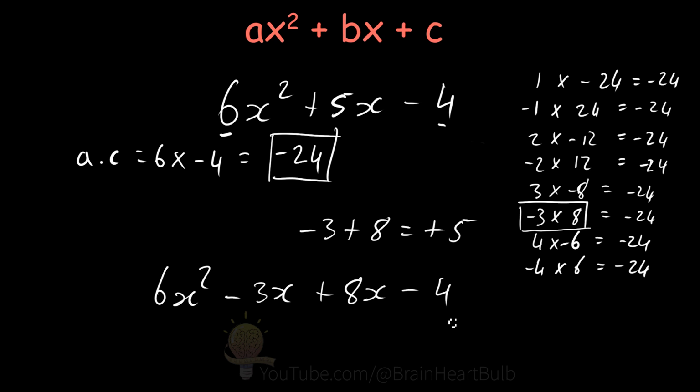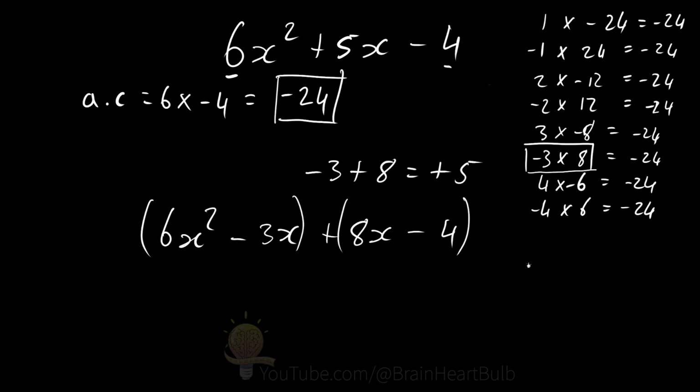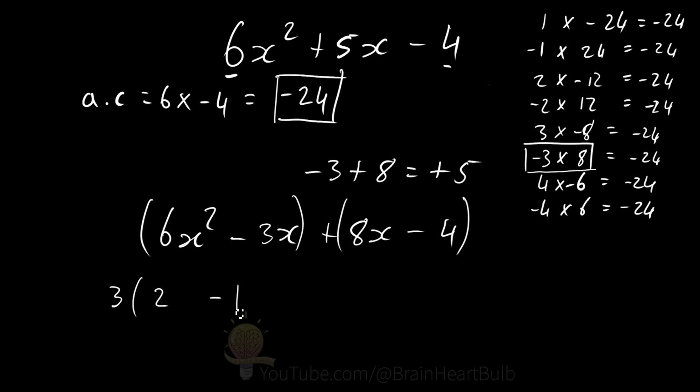And we're going to group this again into two brackets and find the highest common factor for the coefficients and for the x terms. So out of 6 and 3, the highest common factor is 3. And out of the x terms, the highest common factor is x.